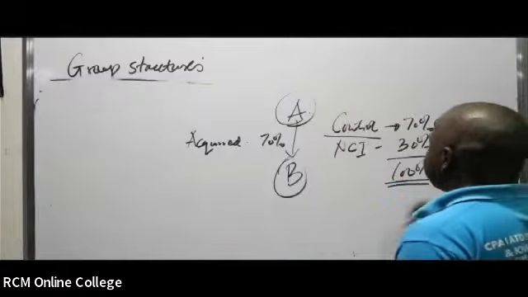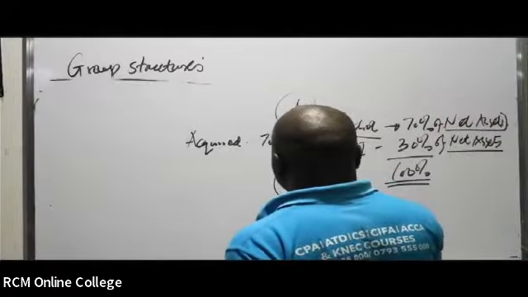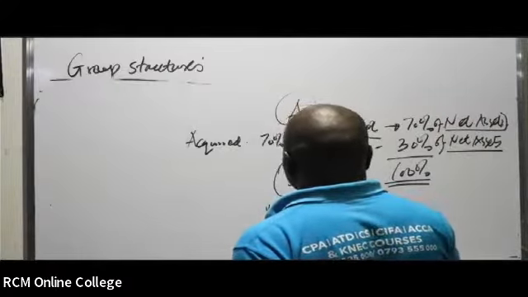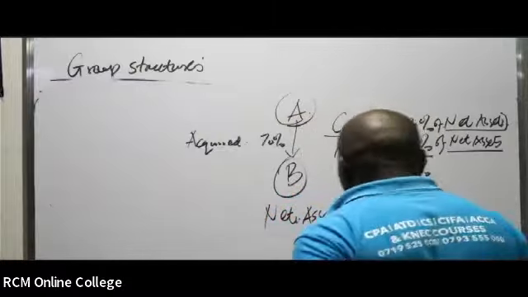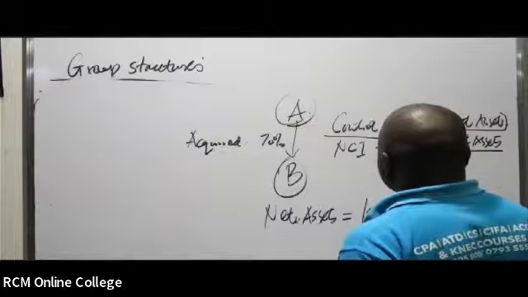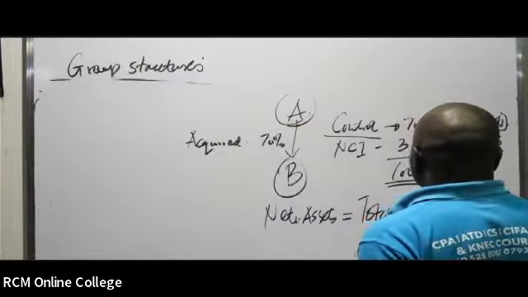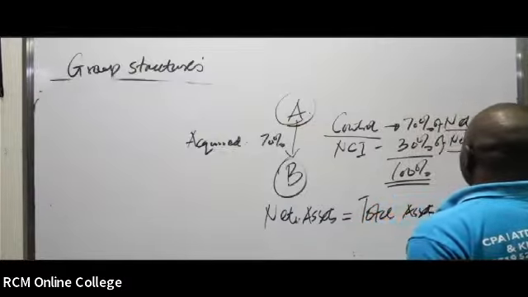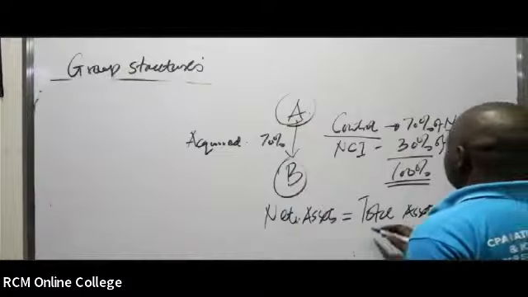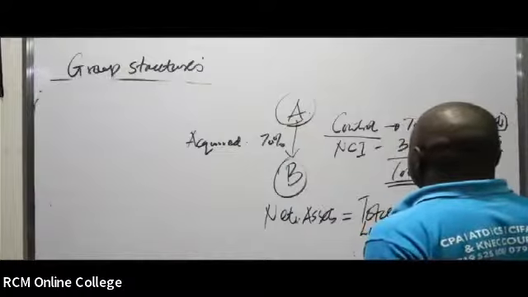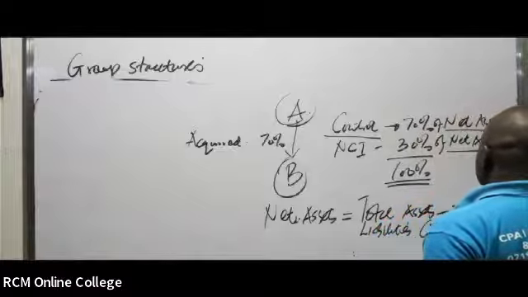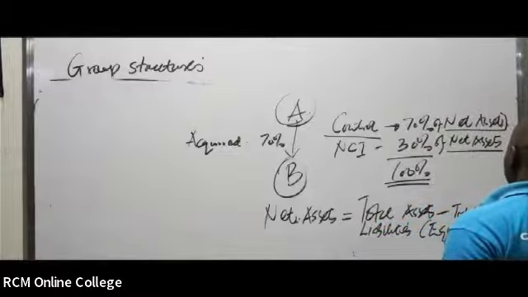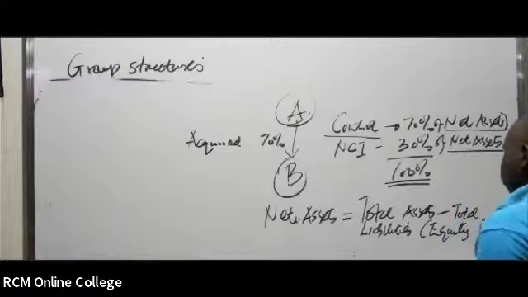And net assets, as you already know, is equal to total assets minus total liabilities, which is the equity part of the statement of financial position.